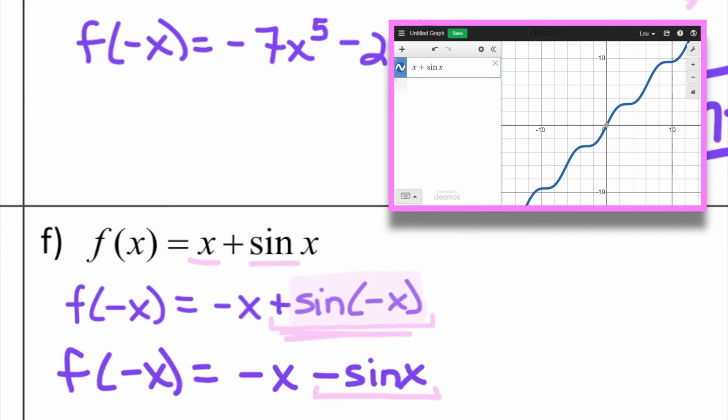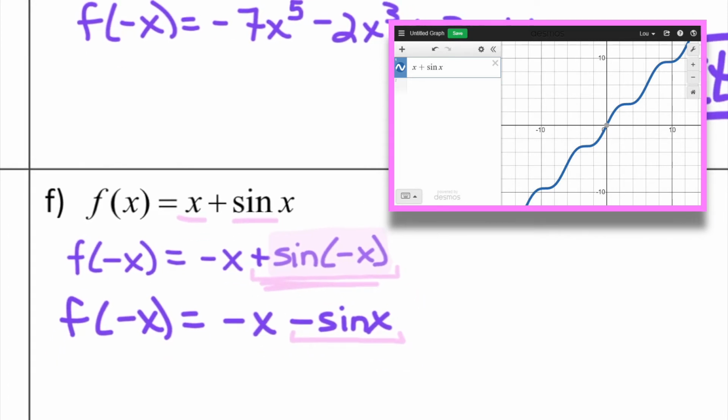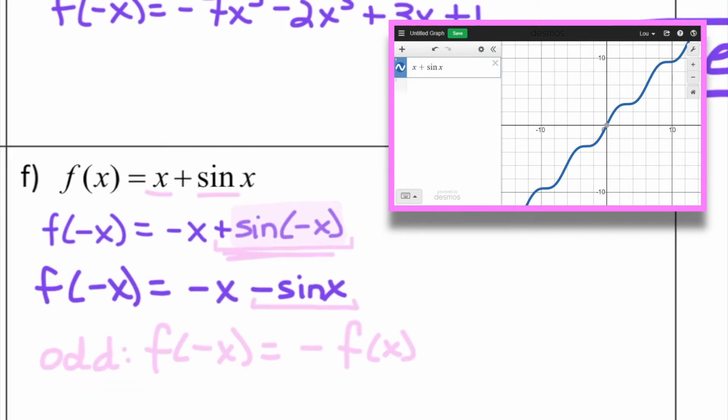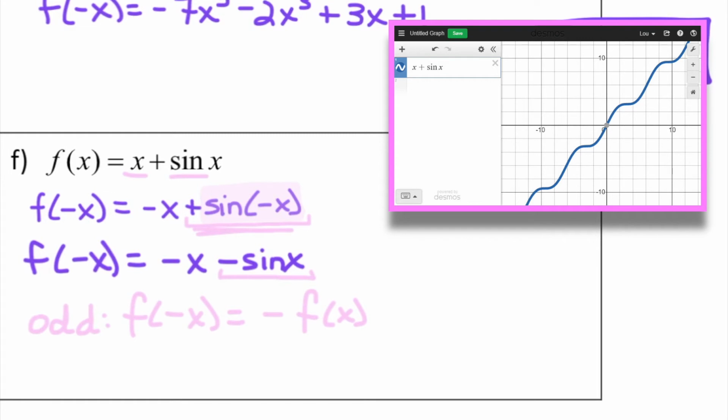So both terms change sign, because of the substitution of negative x. And remember that an odd function, like I said up above in letter A, when you substitute negative x, it changes the signs on all the terms and gives you the opposite of f of x. And so therefore, this function is also an odd function.